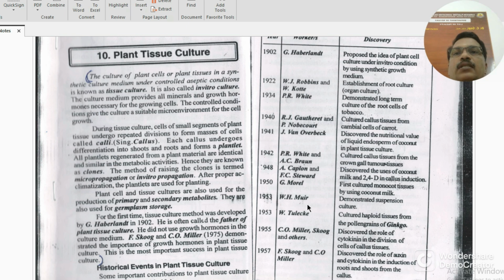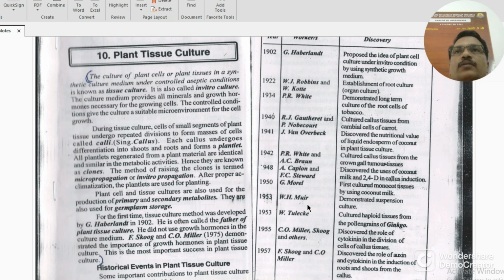He did not use growth hormones in the culture medium, whereas Folke Skoog and C.O. Miller, in 1957, demonstrated the importance of growth hormones in plant tissue culture. So this is an important success in plant tissue culture. There are many scientists who contributed to plant tissue culture technology, but we are cutting short with this information.